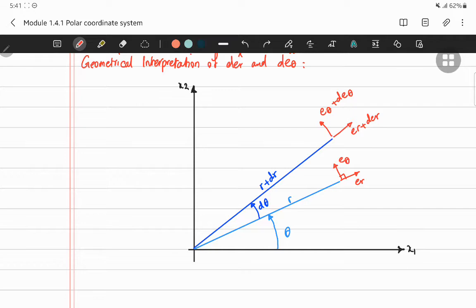You have to use these conventions to be consistent with other solutions. All right, so here I have my er and e theta, and there d er and d theta here.